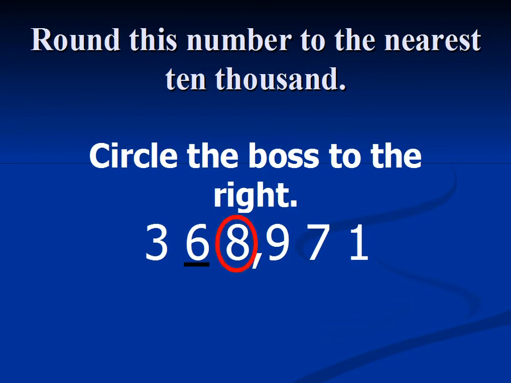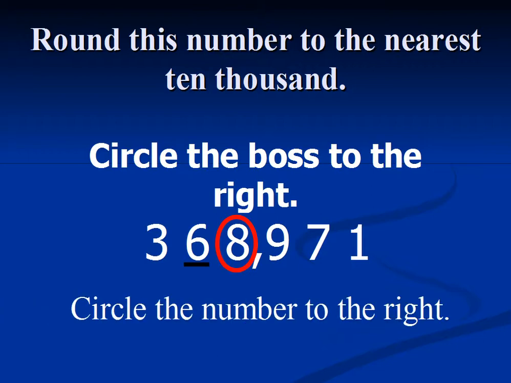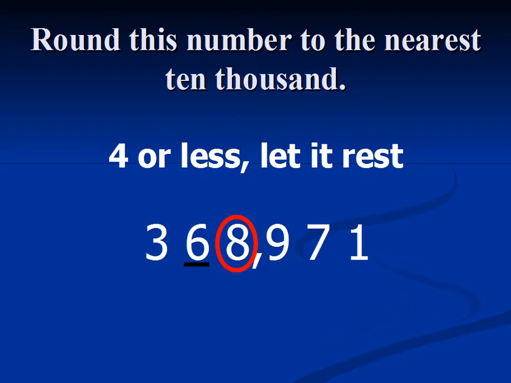Now we call it the boss because it tells the 6 what to do. The boss is in charge of how the rounding takes place. So circle the number immediately to the right of the number that we're rounding to. The boss is in charge of what is going on here, whether we're rounding up or whether we are keeping everything in the same number.